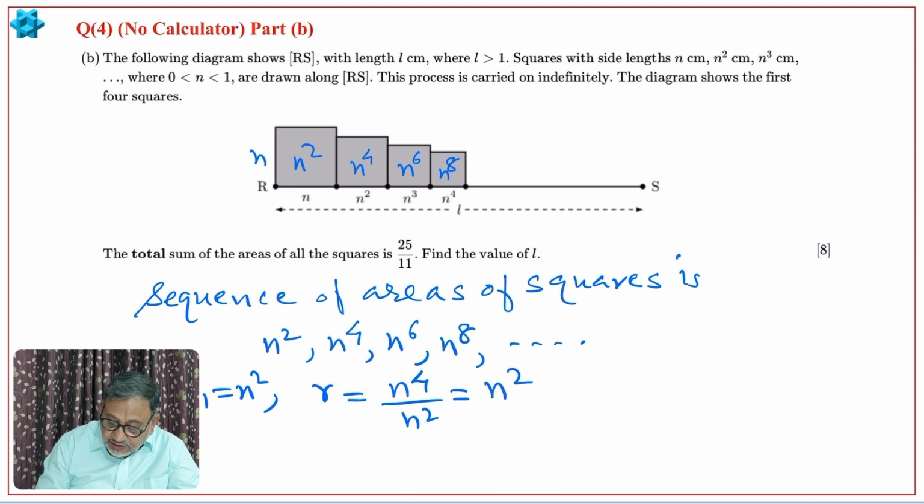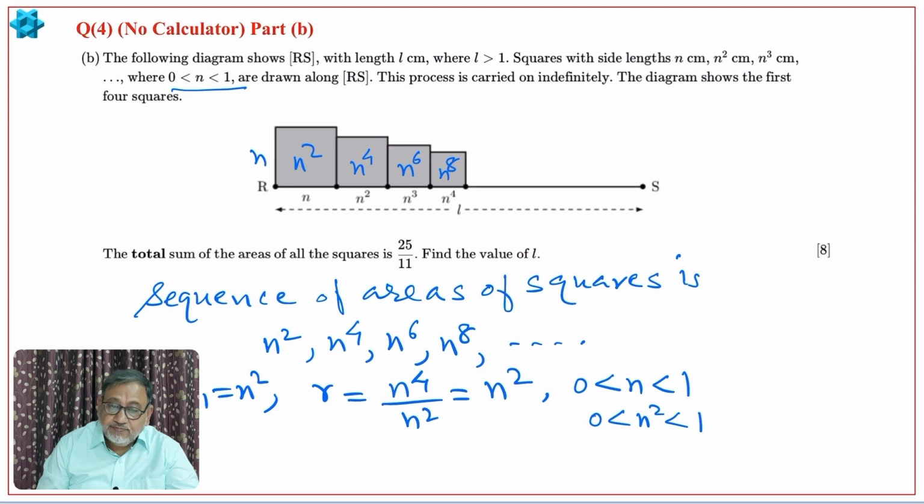So n square is r, right? Where 0 is less than, again they have given this relation, 0 is less than n is less than 1, right? So of course the square of it will also be less than 1, okay? So 0 is less than n square is less than 1, okay?